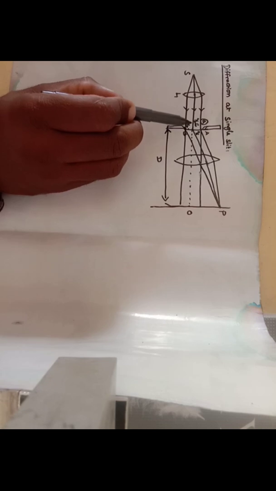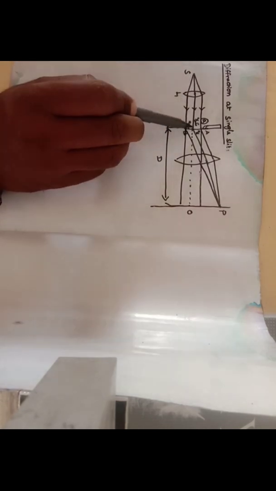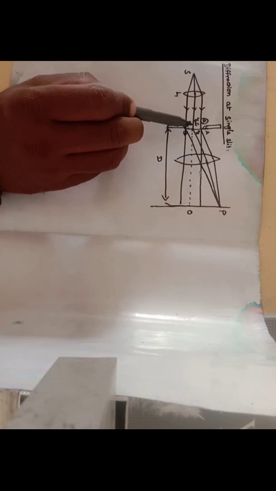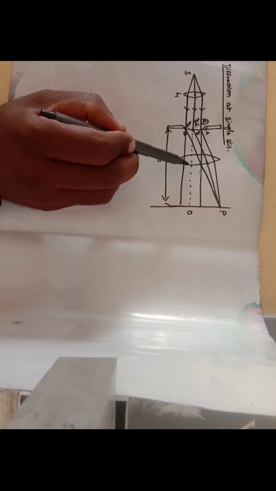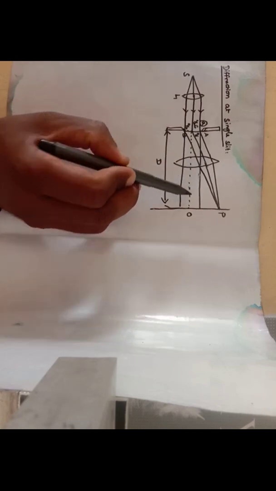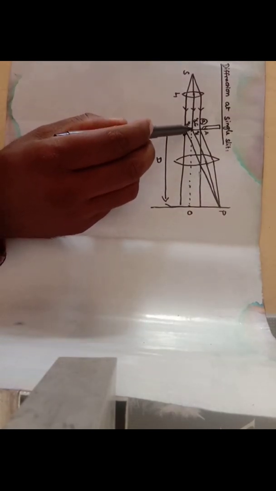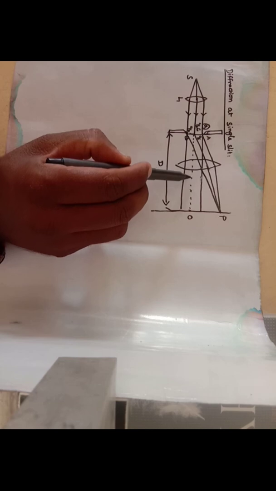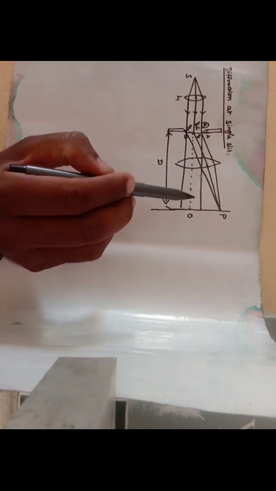Here the parallel beam of light is incident on the slit at a point C. A straight line through C perpendicular to the plane of the slit meets the center of the screen. So the light incident at point C, perpendicular to the plane of the slit, passes in a straight line and reaches the center of the screen, O.